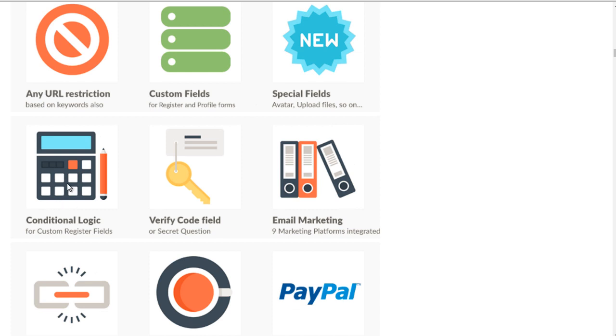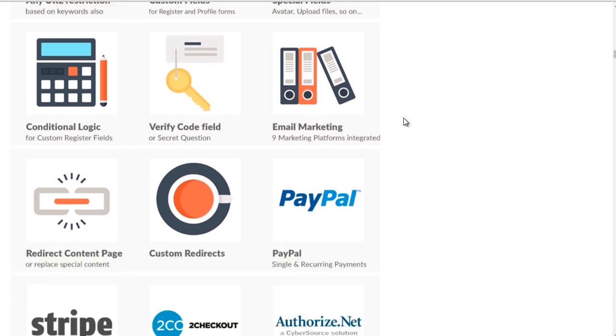Conditional logic is also nice, where you can say, if somebody has purchased this item, then they get access to this item. That's not available with everything, but that's nice to have. And it's also nice if the membership script can integrate with email marketing autoresponders, such as GetResponse or Aweber or any type of autoresponder, so that you can be actually building your list.